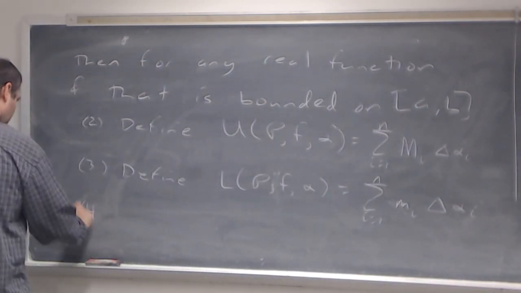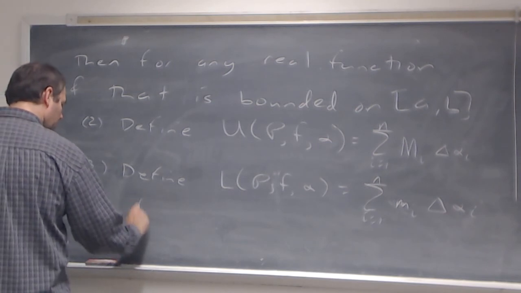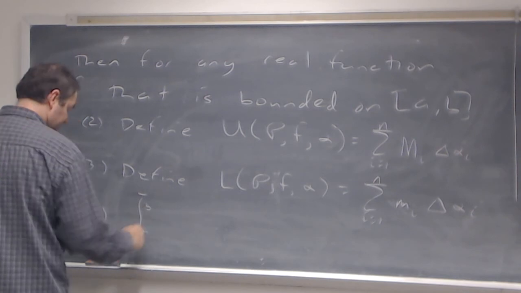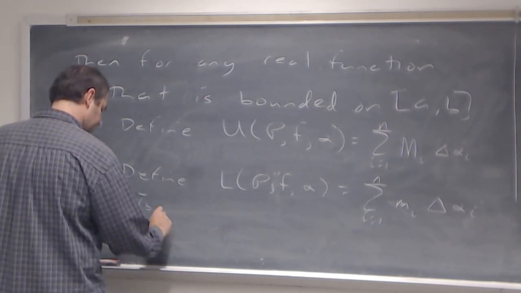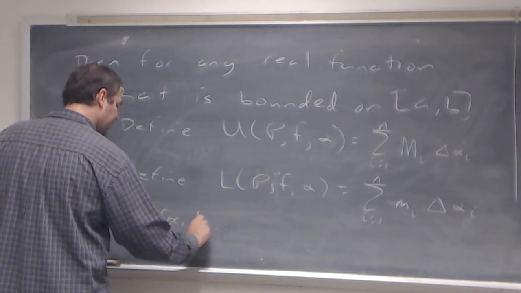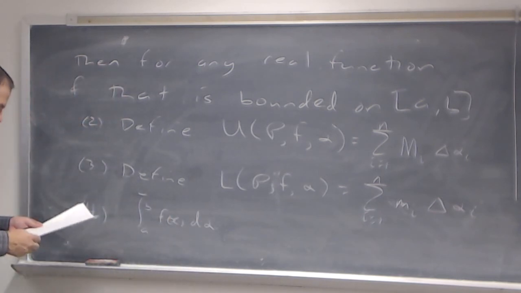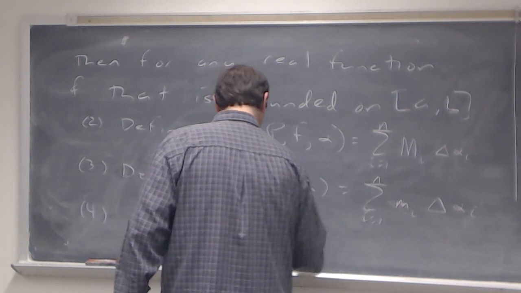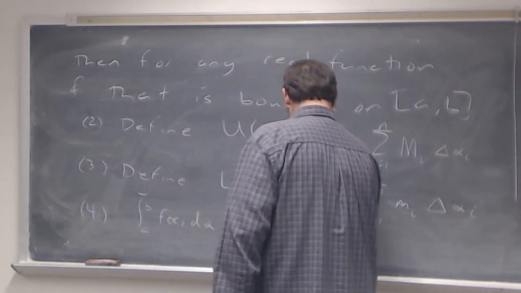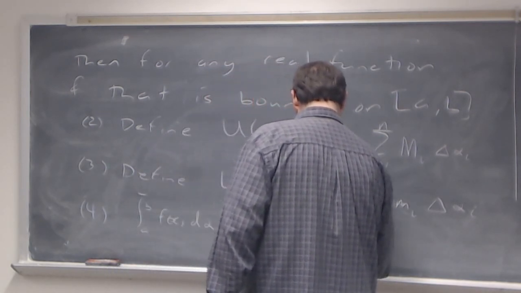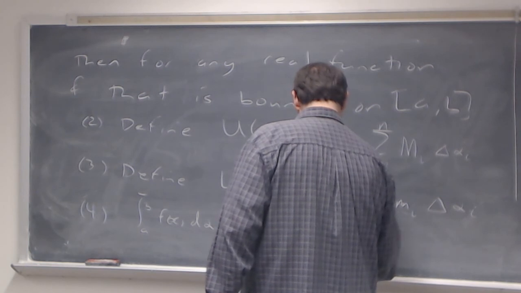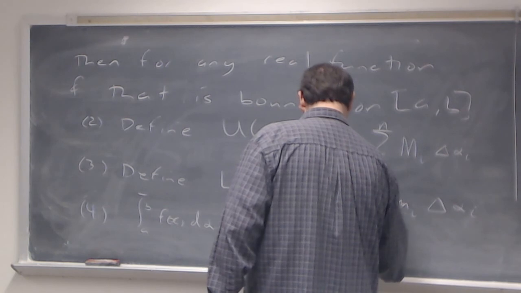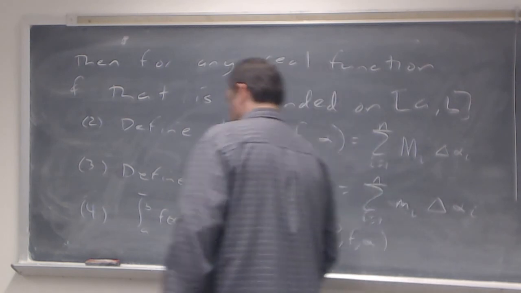4, we have this upper Riemann-Stieltjes integral, that's what this is called, of f of x. We write down d alpha. Okay? And what this is equal to is the infimum of the upper Riemann-Stieltjes sums with respect to the partition P, f, and alpha.